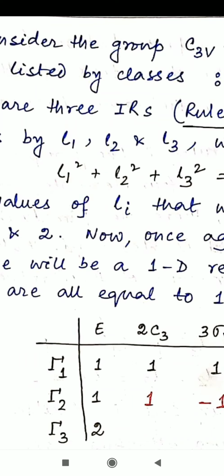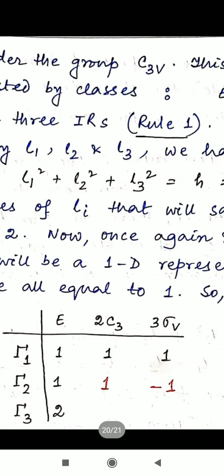If we denote their dimensions by L1, L2 and L3, we have L1 square plus L2 square plus L3 square is equal to 6. So those values should be 1, 1 and 2. For this reason I had written here 1, 1 and 2 with respect to the E symmetry operation. That we have written from our rule number 2.